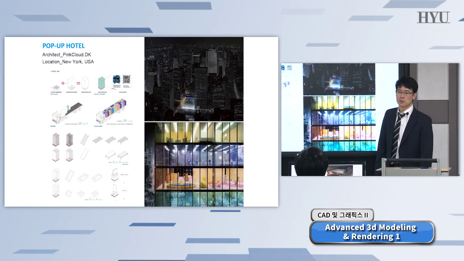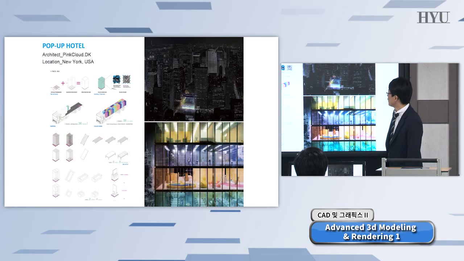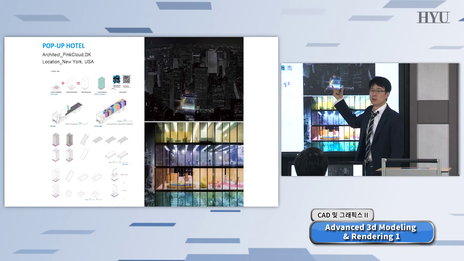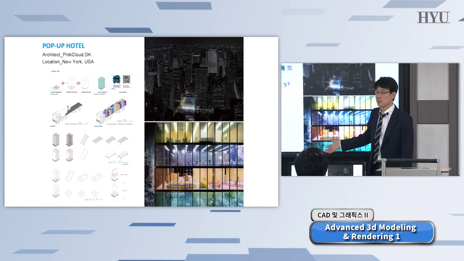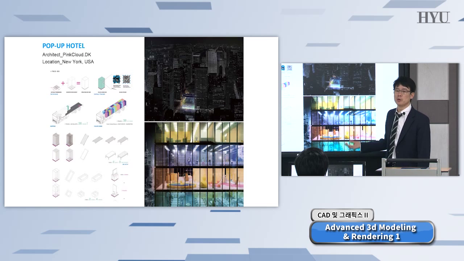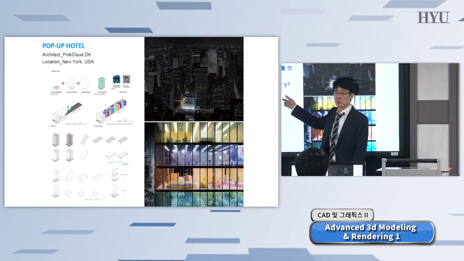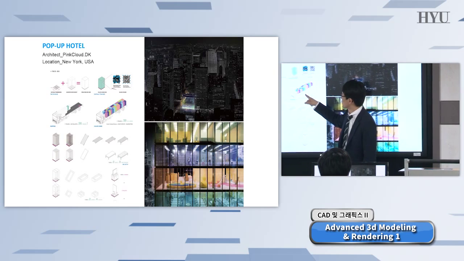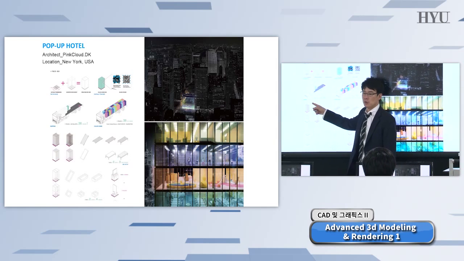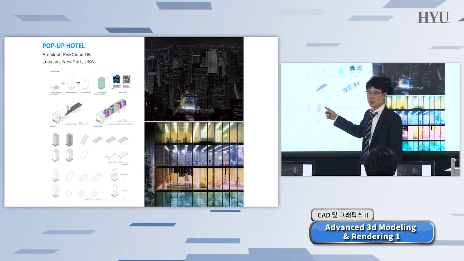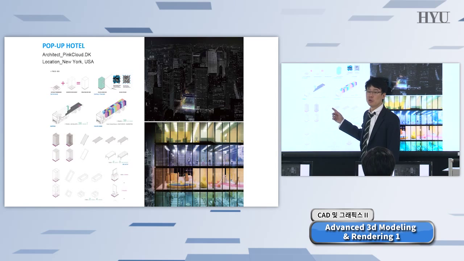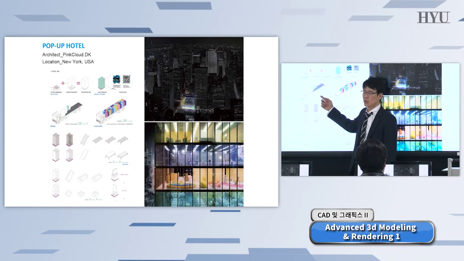Pink Cloud is also another famous contemporary architect group. Anyway, another box-shaped building. But they maximize the geometric shape of the box using this kind of module system. So let's take a look at these 18-wheelers. 18-wheelers means a truck which has 18 wheels, okay, for containers.